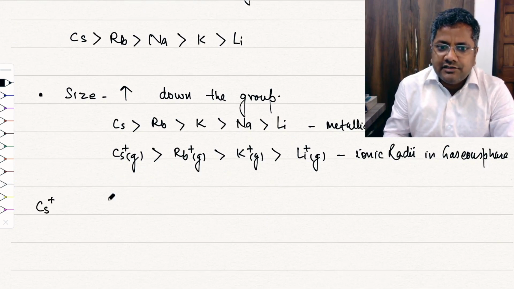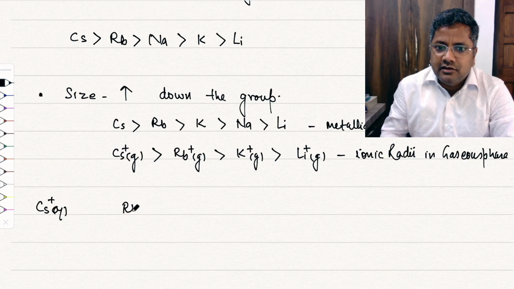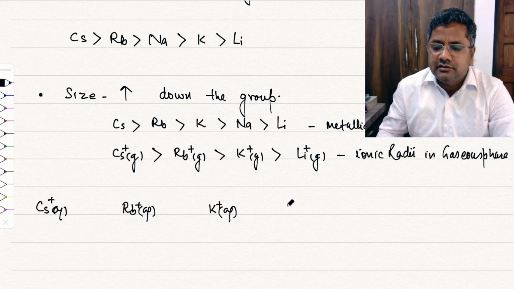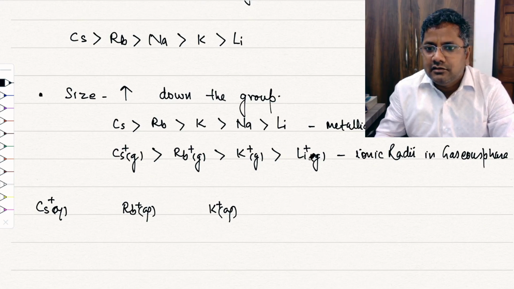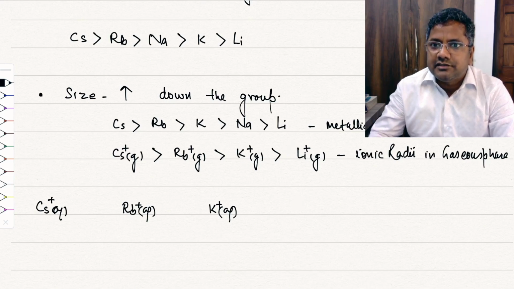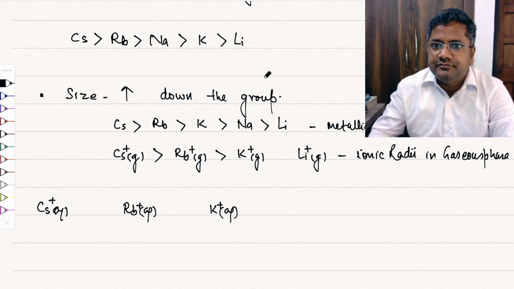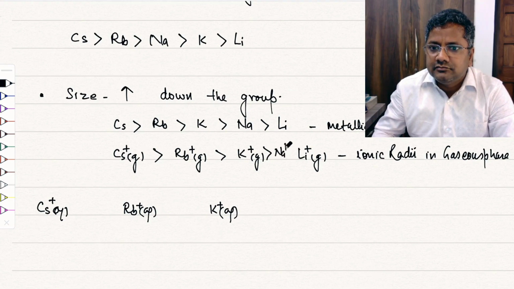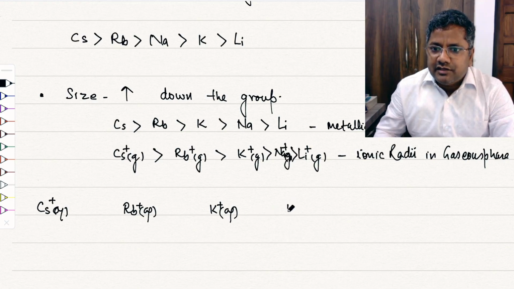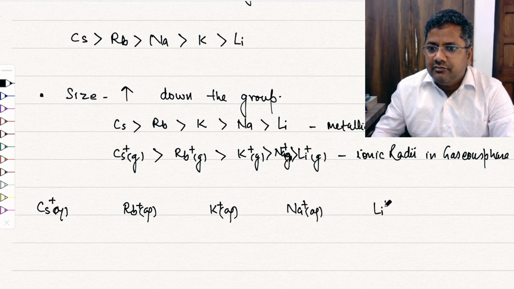So Cs plus aqueous, Rb plus aqueous, K plus aqueous, Na plus aqueous, and Li plus aqueous.